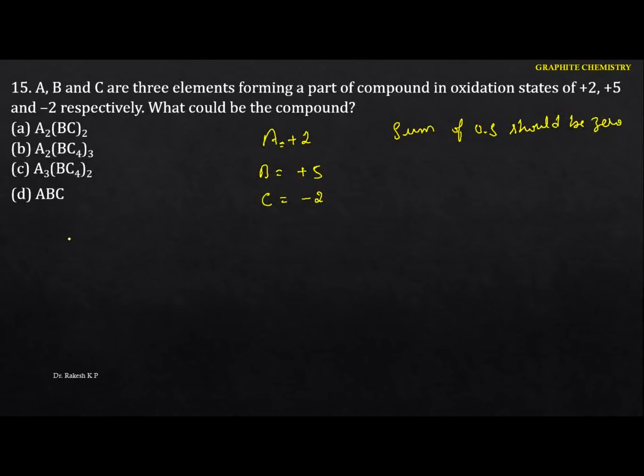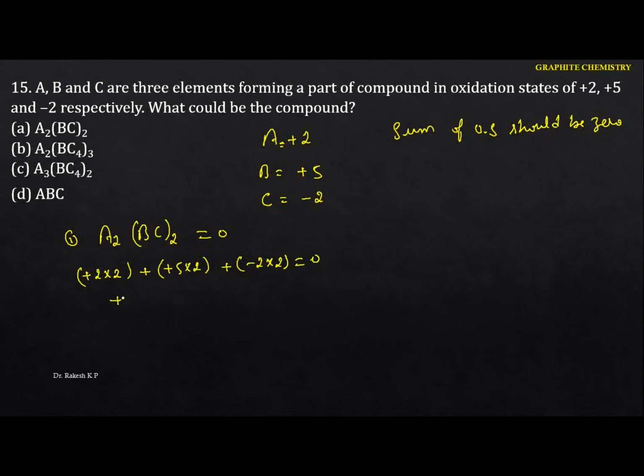Let me take the first one, that is A2BC2. The total should be 0. So we have +2 into 2, plus B, which is +5 into 2, plus C, which is -2 into 2, equal to 0.